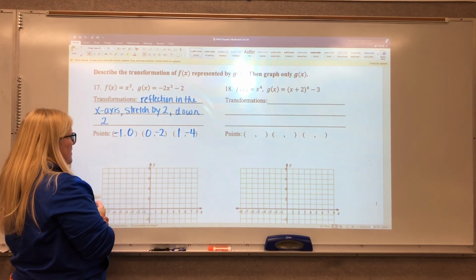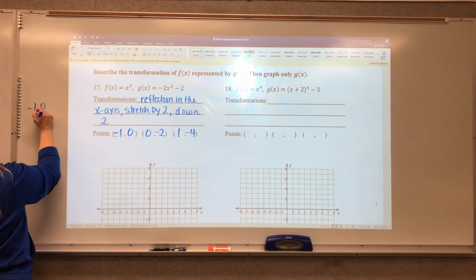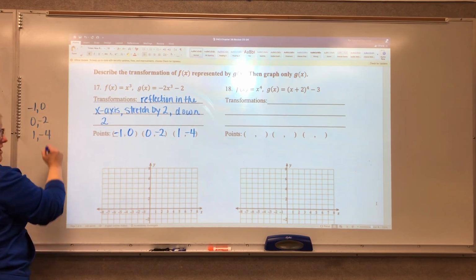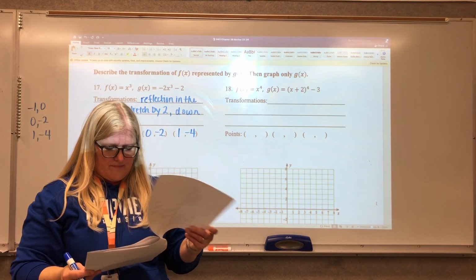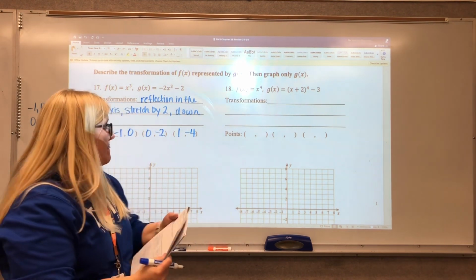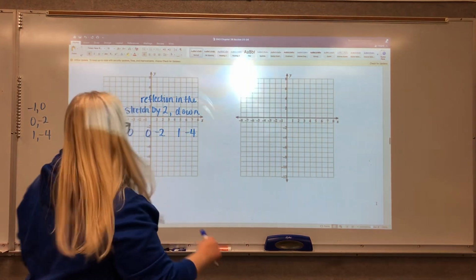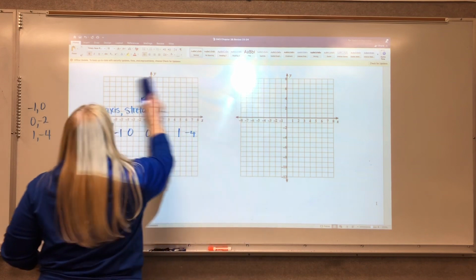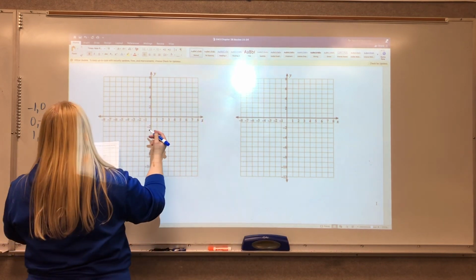I really wish that would stay when I moved the thing up. Let me just check. I just want to make sure I did my math right. Yeah. All right, so let me move that up. So I know basically what it's going to look like.